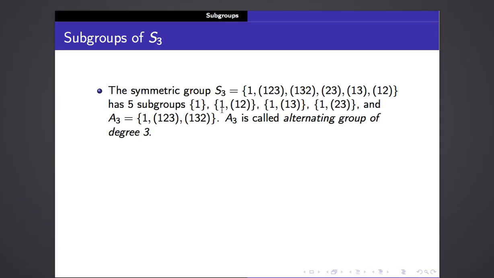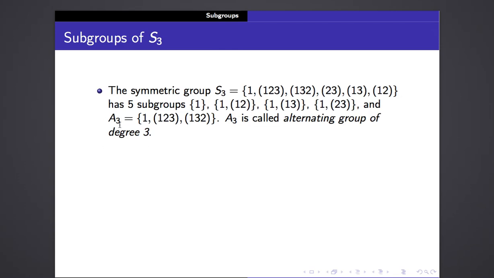So first, the trivial subgroup, and then (1 2) and so on. This cycle here is a cycle of length 2, and I'm going to talk about it in a moment, but cycles with length 2 are called transpositions.